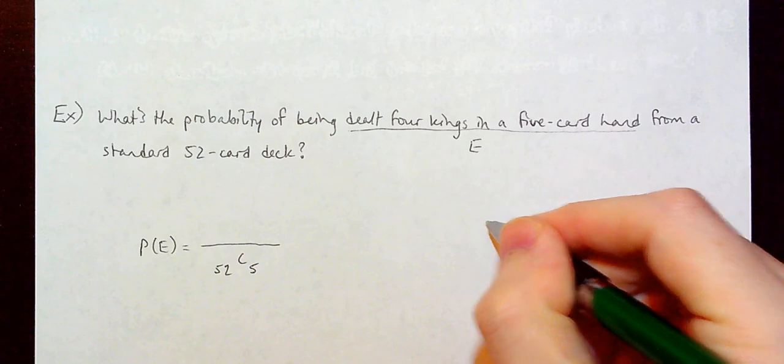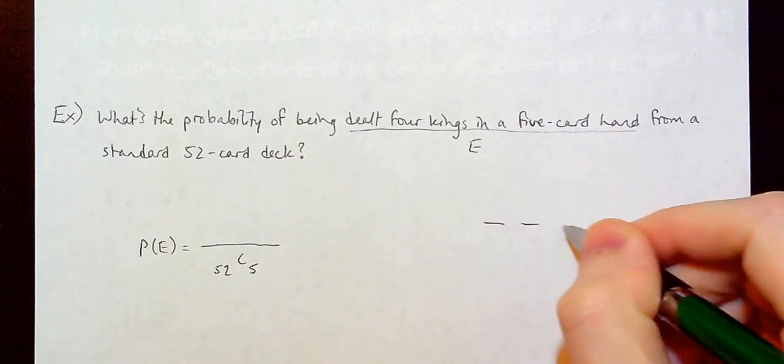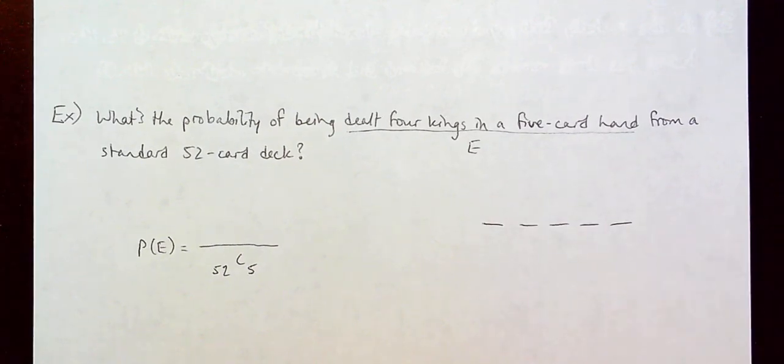If I look at my 5-card hand, 4 of these 5 cards have to be the 4 kings. And since the order doesn't matter, there's only one way that we can come up with the 4 kings, because there's only 4 kings in the whole 52-card deck.